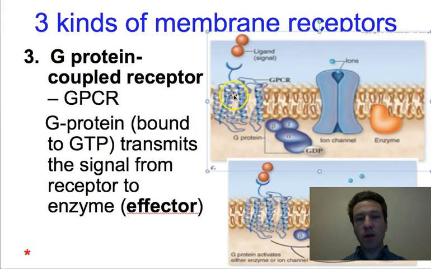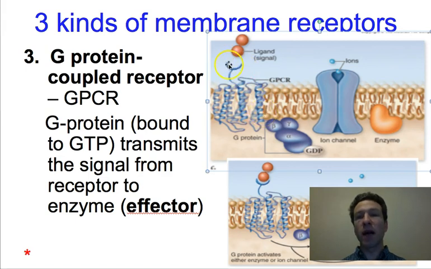It is a protein with, you can see, alpha helices that go through the plasma membrane. It doesn't just have one of these, but it has several of them. This looks kind of like a bunch of coiled snakes, and so sometimes you will see GPCRs called serpentine receptors. Serpentine because they look snake-like.